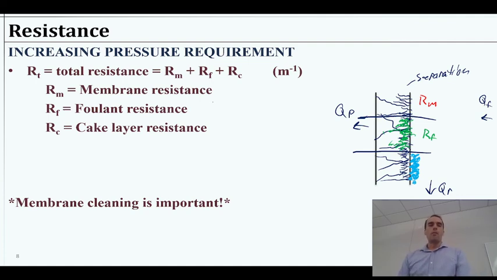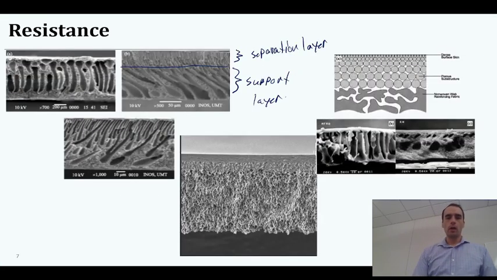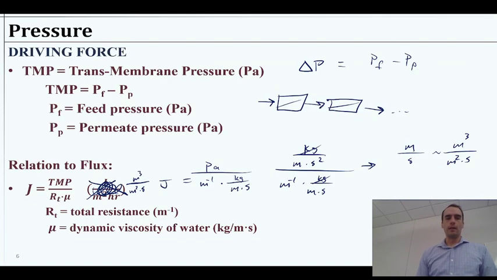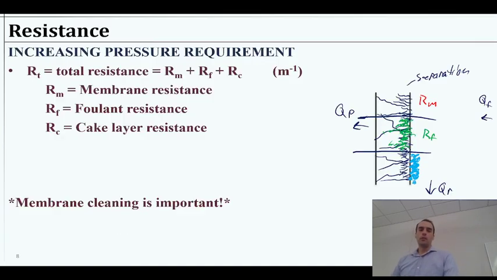For now, I'm just going to say each of these can contribute, and that they're all piling into the same membrane resistance, which goes back to that concept where we said the flux is equal to the transmembrane pressure, the pressure that we push, divided by this resistance that we're talking about. So this is all resistance to the flux, so we have to add more pressure to get the same flux. This also describes why membrane cleaning is important.